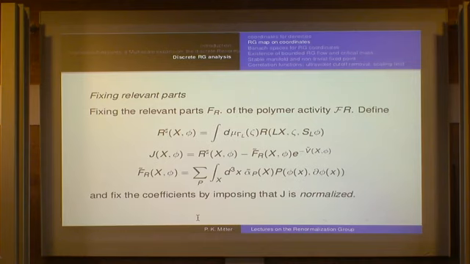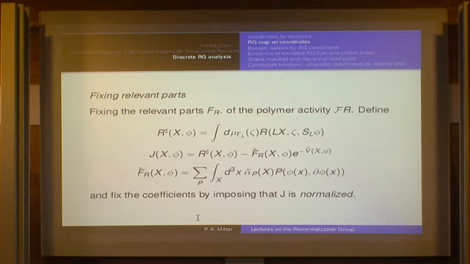I've set up a notation because it's very heavy to write gamma, L, zeta, all that, so I'm writing that as R. The scaling transformation S_L is such that if that was an X, this would be an X. The object I'm going to normalize is J, which is this R sharp minus a relevant part to be fixed, and the relevant part is what I defined earlier.